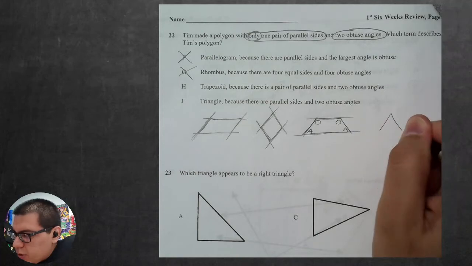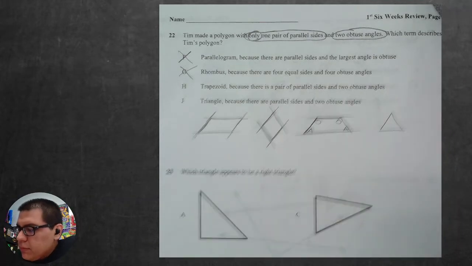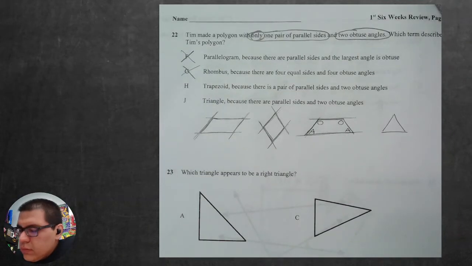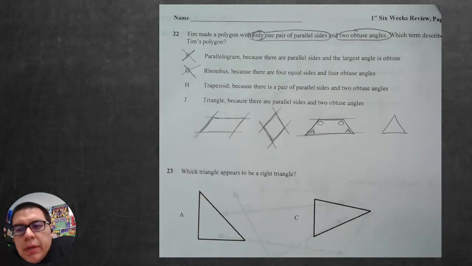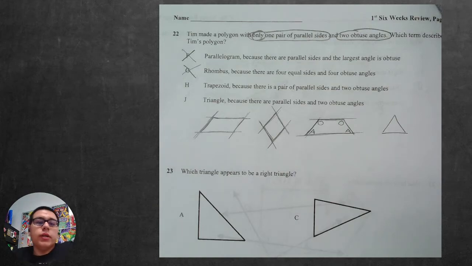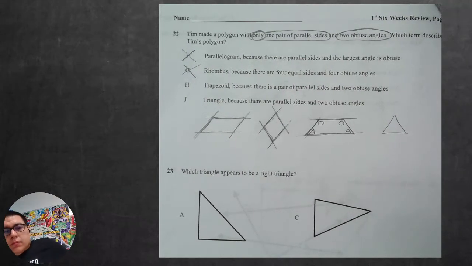Let's take a quick look at J, triangle. Do I see any parallel sides on my triangle? Any sides that, if I kept drawing them forever and ever, would never ever touch? Kylie, I see you shaking your head. Absolutely right. That's something really important that we need to remember.